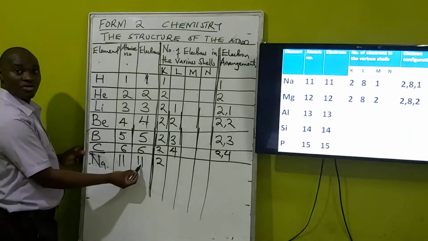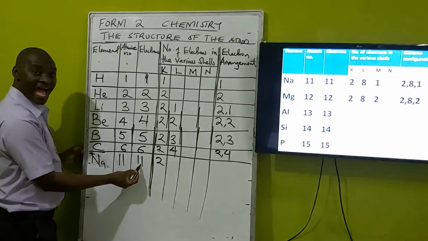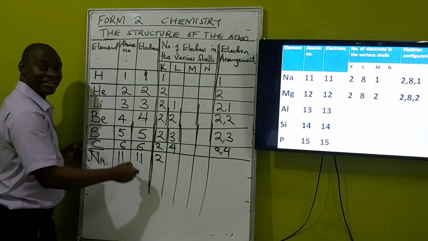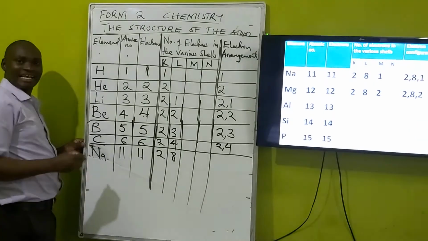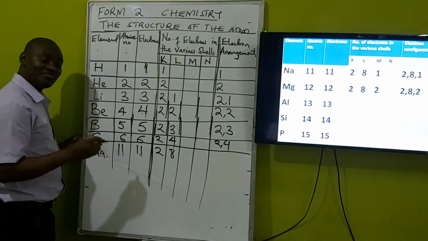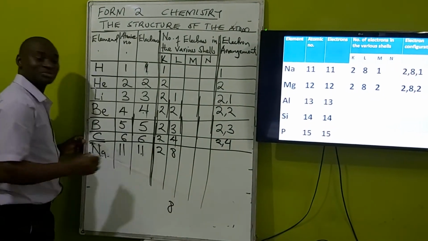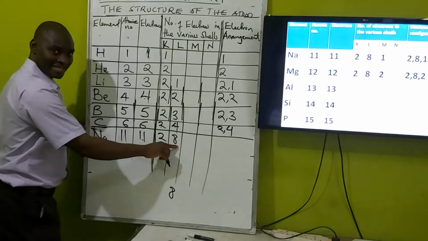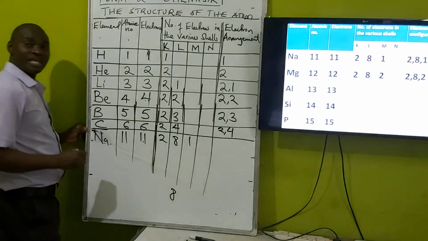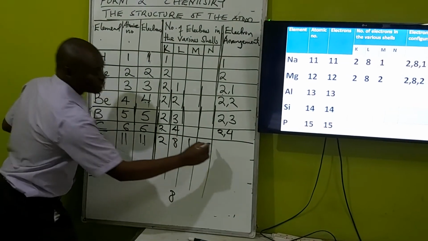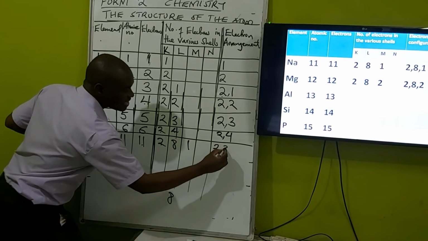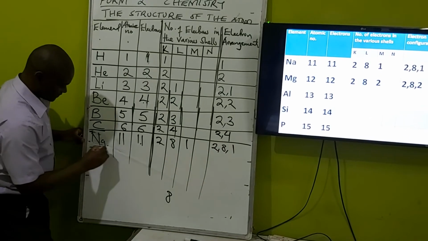Out of 11, 9 remain, and of those 9, 8 will move to the second. The second energy level can take 8 electrons. Remember, 2 plus 8 is 10, so 1 will move to the third energy level. So you have 2, 8, 1.